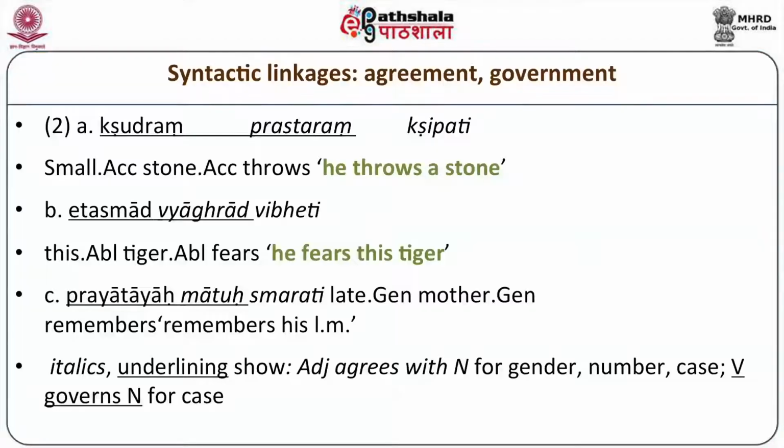Actually, genitive is not connected with the word genetic. It is a different word, and please remember to spell it G-E-N-I and not G-E-N-E. We'll be very grateful if you're able to remember this.